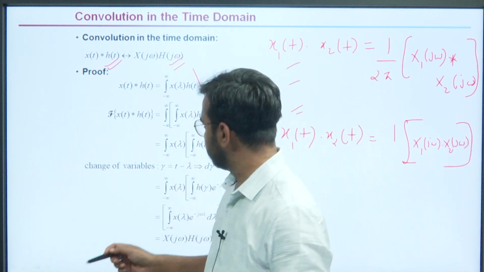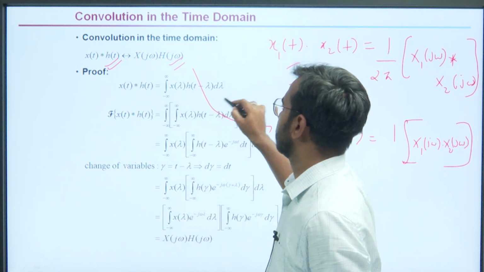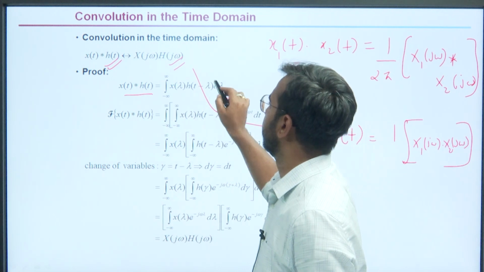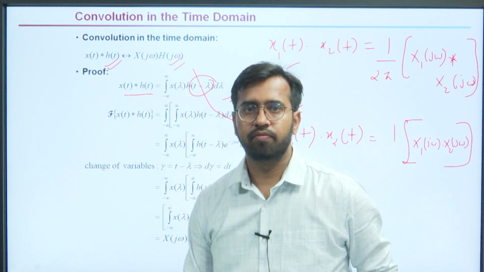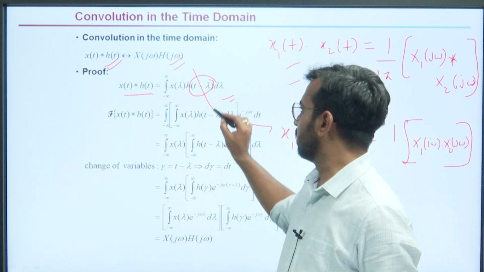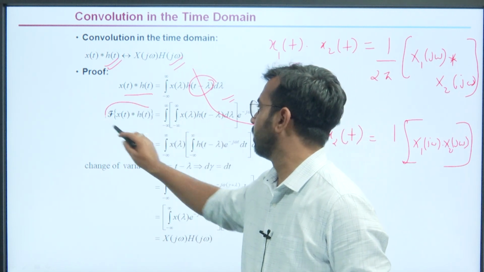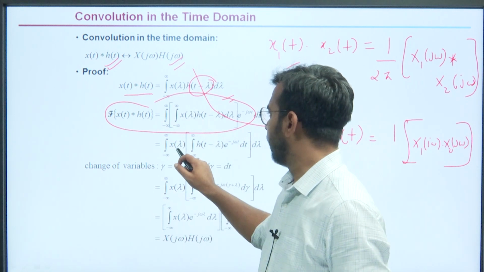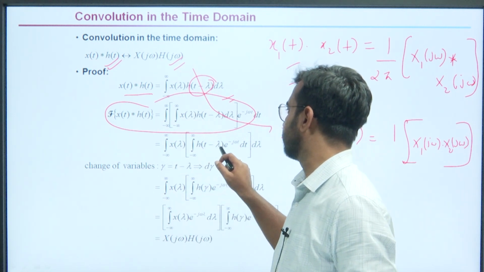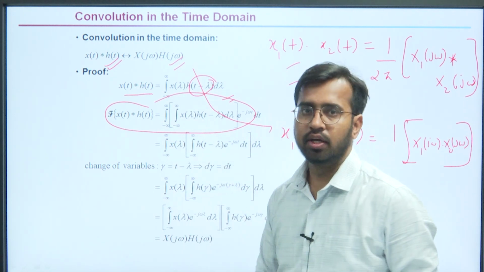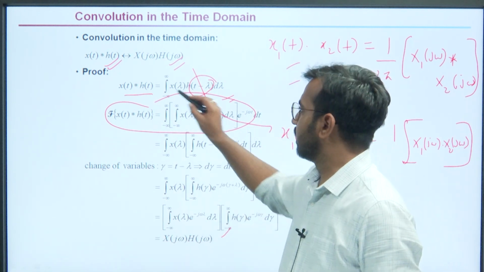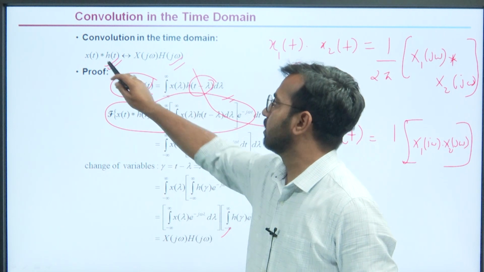We can easily prove this. Just write the convolution, delay the time by some factor delta, and place it in the integration form. You get the combination of x(delta) times h(t minus delta) times e to the power minus j omega t, dt d delta.